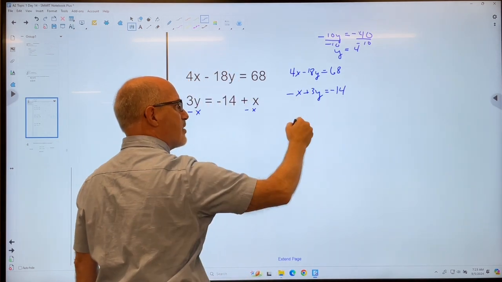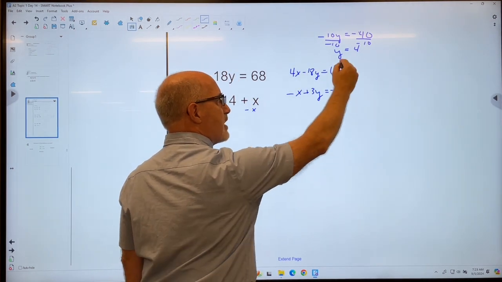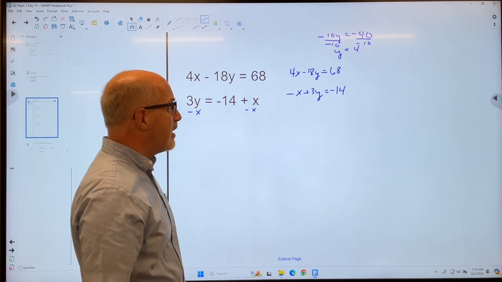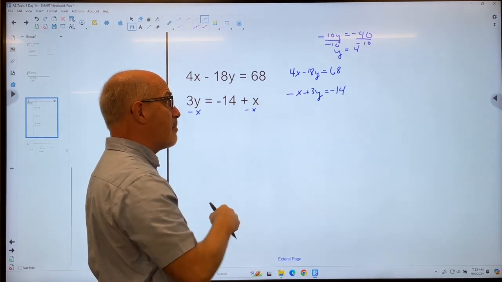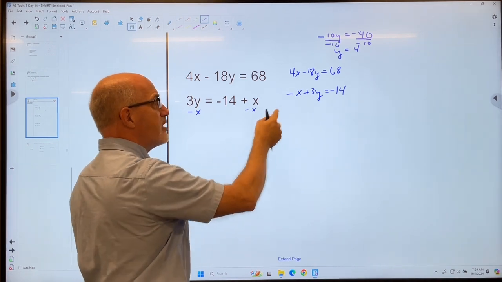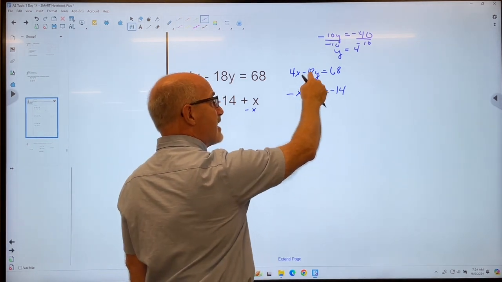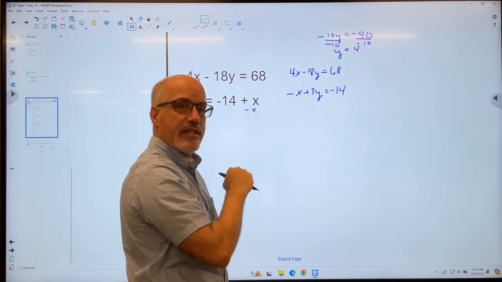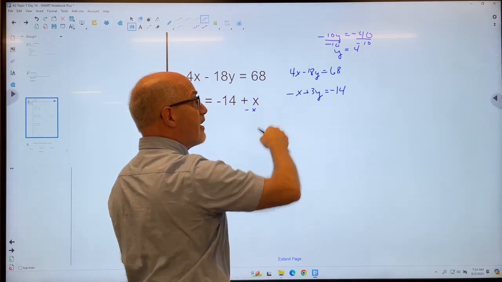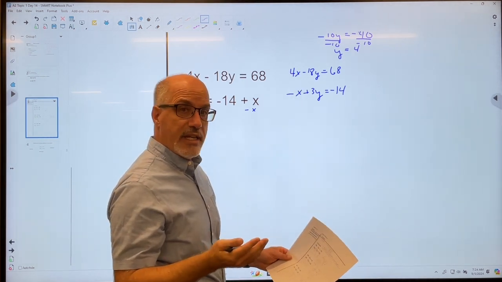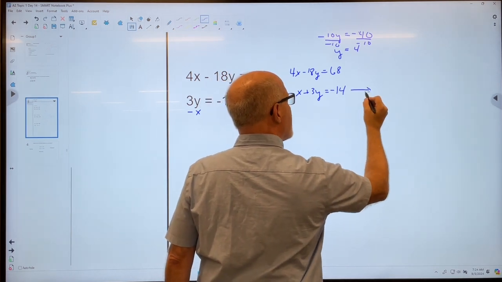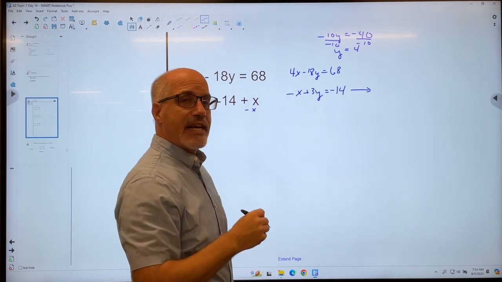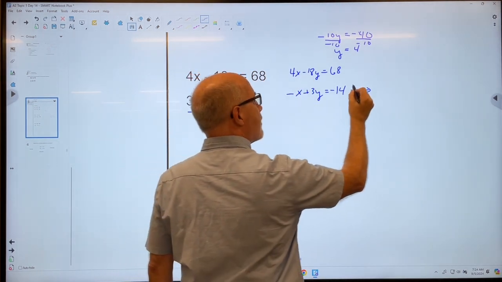So x's are lined up, y's are lined up, equal signs and numbers. Now I want to go ahead and get one of them to be opposites. I've got a choice here. I could multiply this by 6 and I'd have negative 18y and 18y. Or I could multiply this by 4. Really, it's a choice. Either one will give the exact same answer. Just to show that you can eliminate the x's as well, I'm going to multiply by 4.